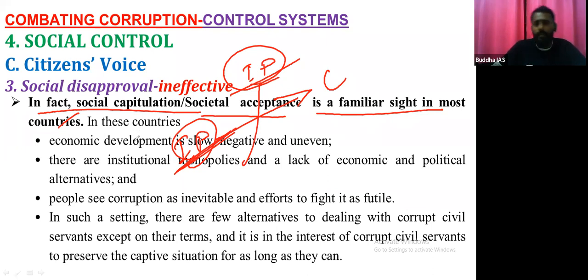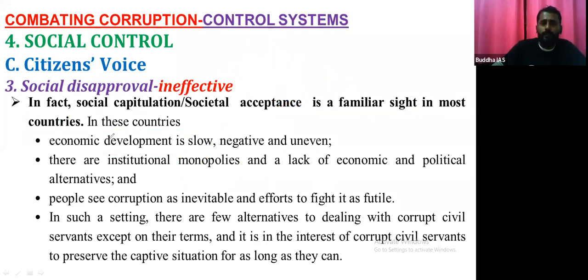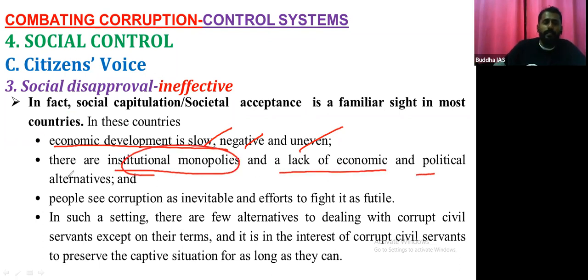In India, we have accepted corruption. In these countries, economic development is slow, negative, uneven. There are institutional monopolies and a lack of economic and political alternatives. In many cases, a lack of political alternatives.